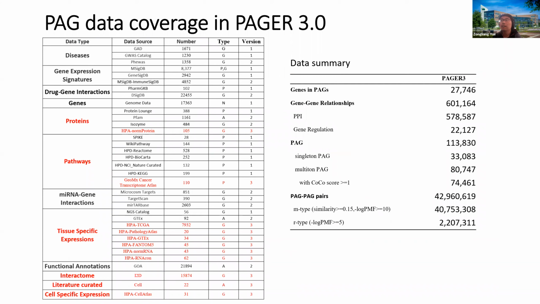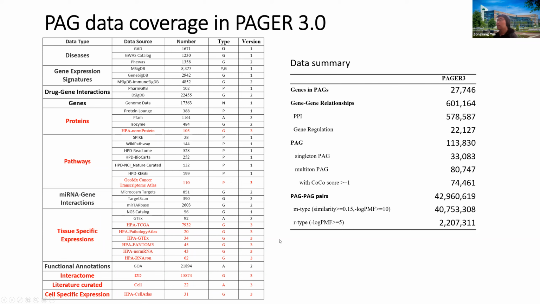For the data coverage in PAGER 3, we also introduce protein-specific data sources, pathway and tissue-specific expression, interactome, literature curated, and cell-specific expression.